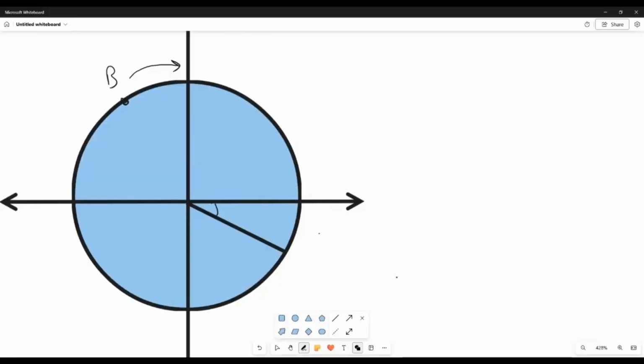Let us let this angle have a measure of alpha, and this angle be beta. Let us have the new point A rotated to be point C, and the new point B to become point D. We can obtain the coordinates of these points as shown.